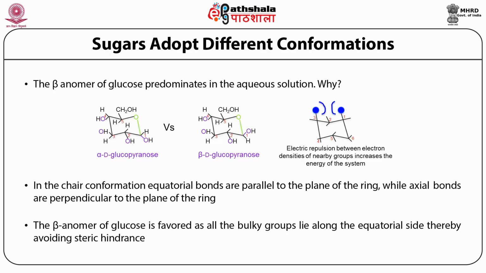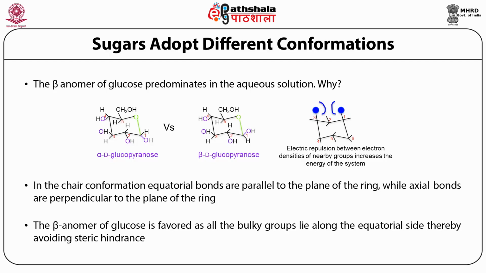And amongst the cyclic forms, the beta form will predominate in the case of glucose because the beta form is more stable, as all the bulky groups lie along the equatorial side, thereby avoiding steric hindrance.